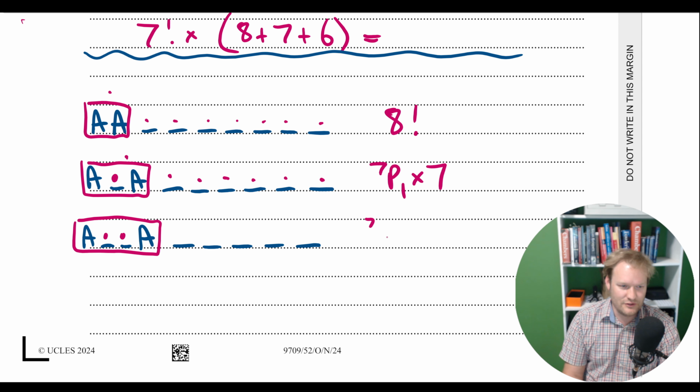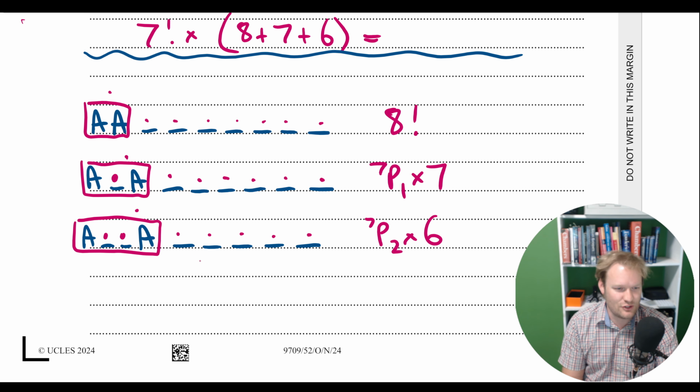And now out of the 7 non-A's, we want to choose 2, but the order matters, right? Because if it's LG or GL, that's going to be different. And now we've got 1, 2, 3, 4, 5, 6 different objects. So having chosen this, we now want to arrange our 6 objects, where one of the objects is A, non-A, non-A, A. Okay, there's quite a lot going on here, but this is the fun, isn't it? Oh, these are lovely. So we can do that.